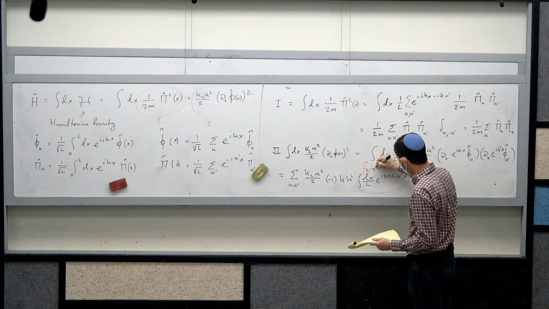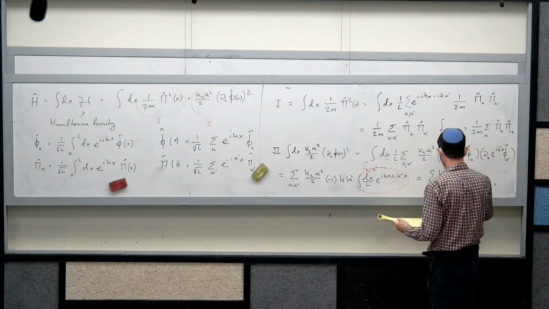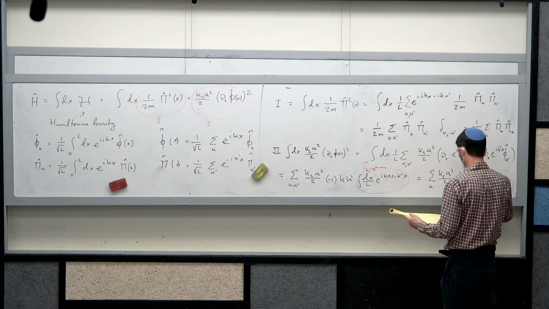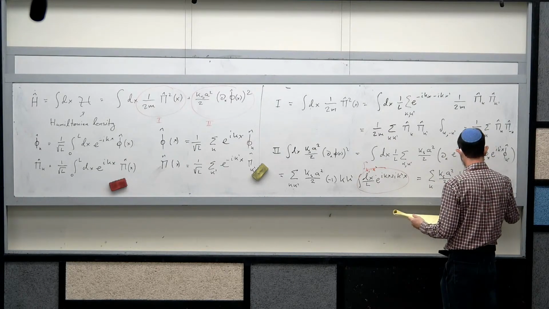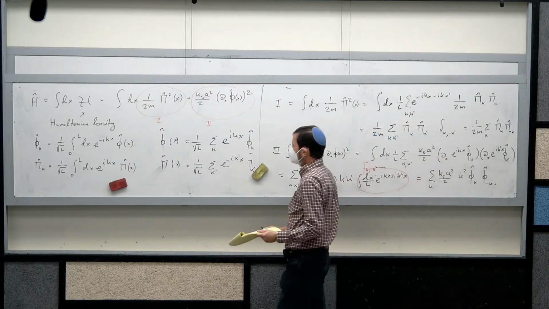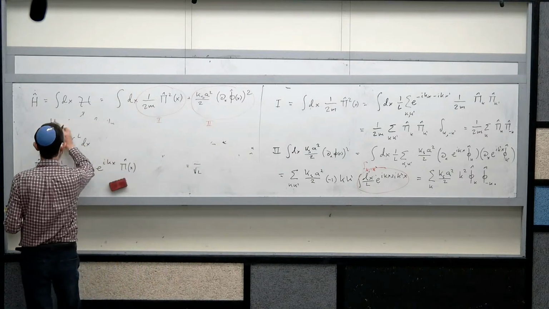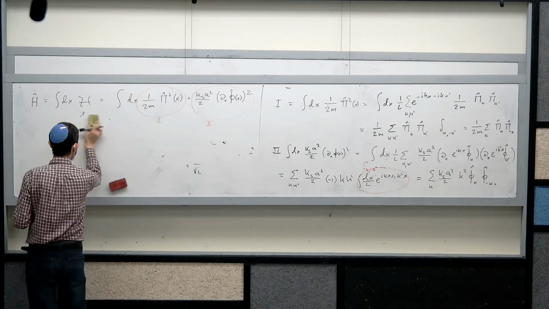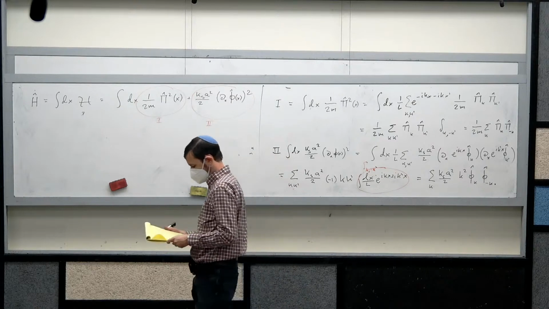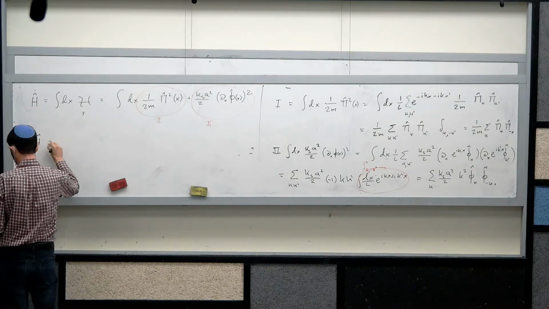Actually, it should have a prime because it's not yet closed. Okay. So at this point, we can replace the Hamiltonian in the real space with the Hamiltonian in the Fourier transform space.